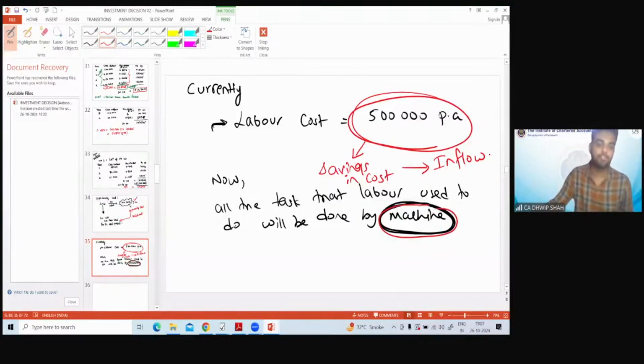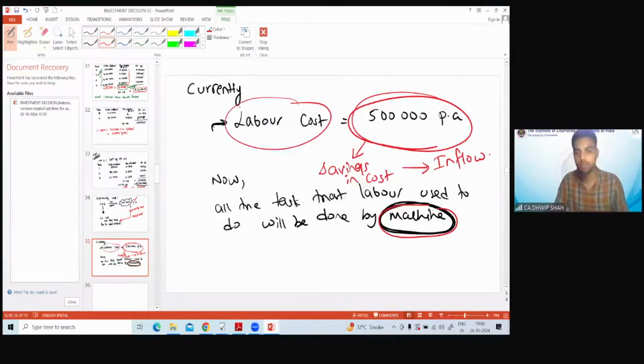And as I said, financial management just considers the financial perspective. It does not consider emotional or sentiment perspective. Are you getting this? I personally would feel all this labor would lose their job. What will they do? But we are not considering those emotional aspects. We are just considering financial aspects to decide whether to accept the project or not.